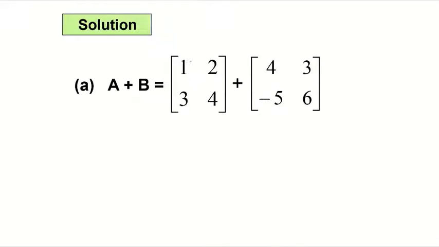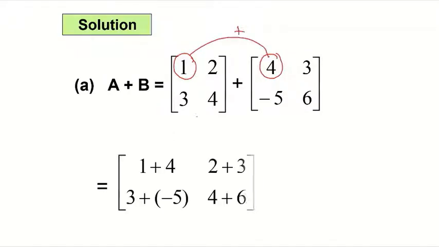Okay, so as before, for position 1 1, we have to add with the same position from the second matrix. Okay, these two. So we have 5, 1 plus 4. Then for the second entry, position 1 2, first row, second column, you have to add these two, 2 plus 3.